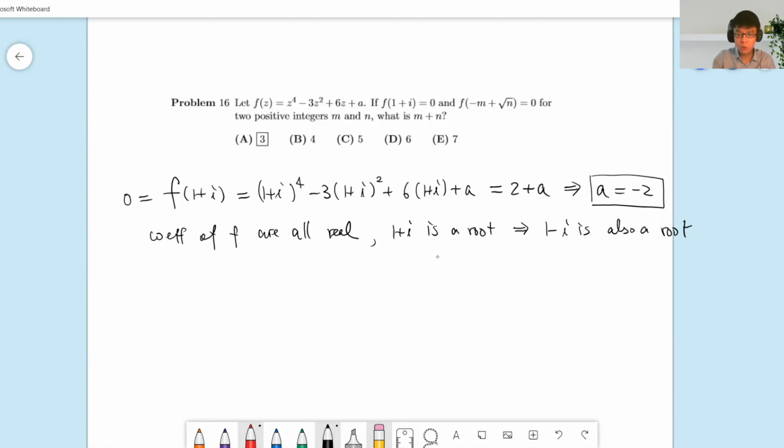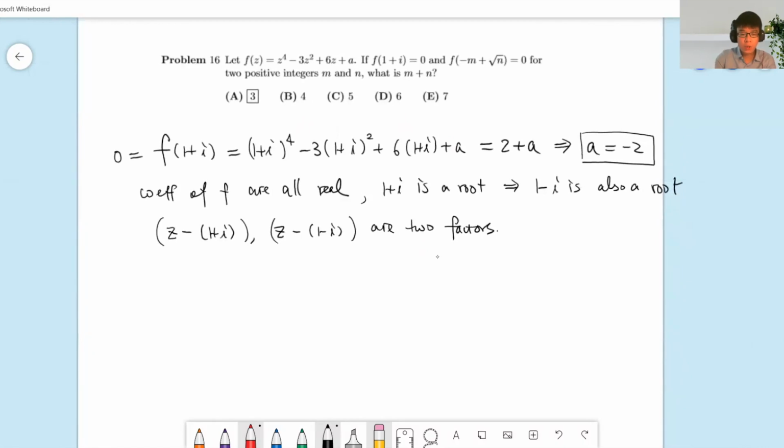So 1 minus i is also a root. And then z minus 1 plus i and z minus 1 minus i are two factors. And so we can find the quadratic factor, which is the product, z squared minus 2z plus 2.